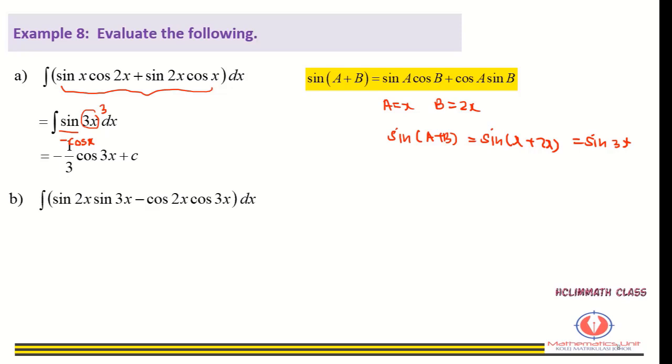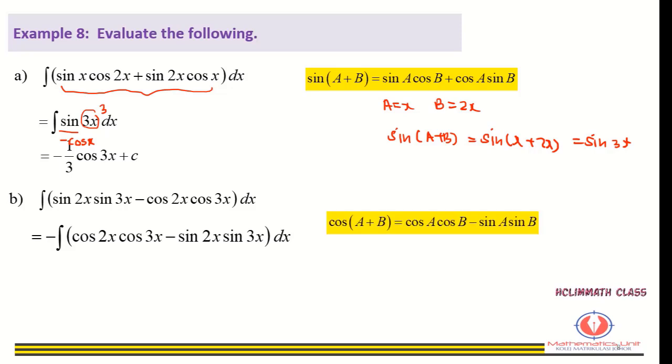Okay, so the next example B, I have sin 2x sin 3x here. If I try to factorize with the minus 1, I have the minus of cos 2x cos 3x minus sin 2x sin 3x.